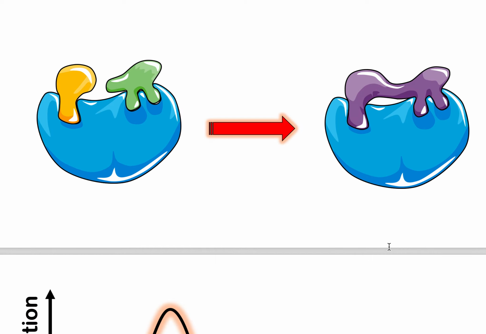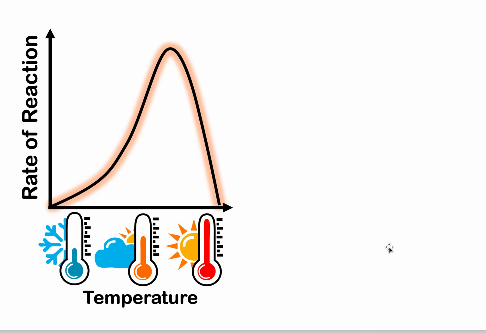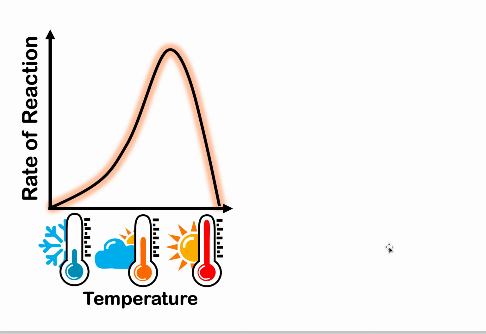Now, let's get into the factors affecting it. We'll focus on the first one, which is temperature. This one is super interesting. So here you can see I have a little graph, okay, showing how as temperature increases, so coldest, medium, and hot, and then rate of reaction, right? So we can see here there's an interesting curve. We notice at cold temperatures, the rate of reaction is low.